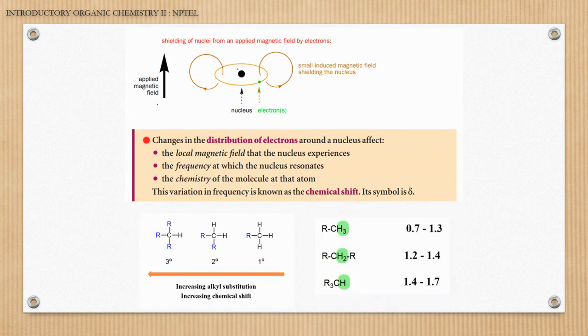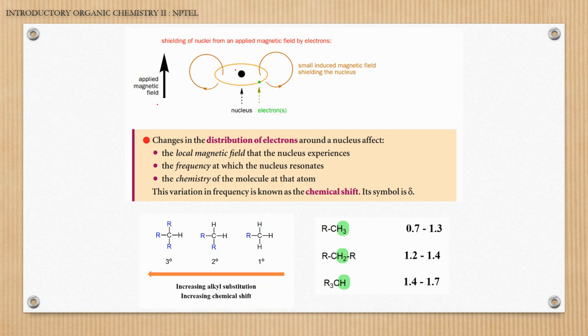So here what will happen is that when your nucleus resonates with the electromagnetic field which you have applied... See, when there is an electron and you have applied a magnetic field, the particular nuclei will resonate with the applied magnetic field.